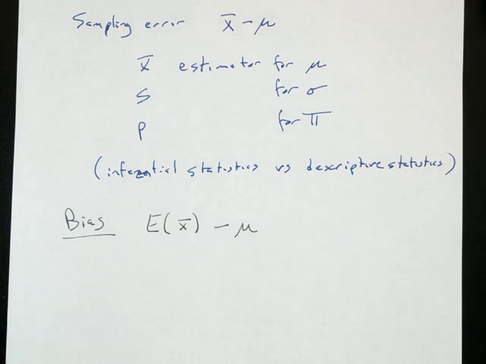Sampling error says, this is what I got from my sample. How far off is it from the actual value? Bias says, this is what I expect to get as a sample. How far off is it from the actual value? I would really like that to be 0. I would like the expected behavior to be as close to the true behavior as possible.